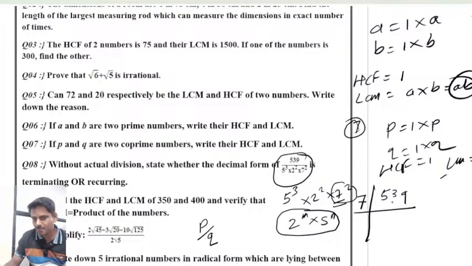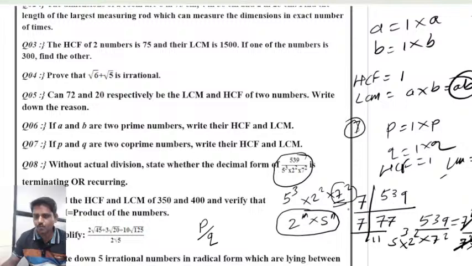So 539 can be written as 7 square into 11 divided by 5 cube into 2 square into 7 square. Here the 7 square factor gets cancelled, so the number can be written as 11 divided by 5 cube into 2 raised to 2.